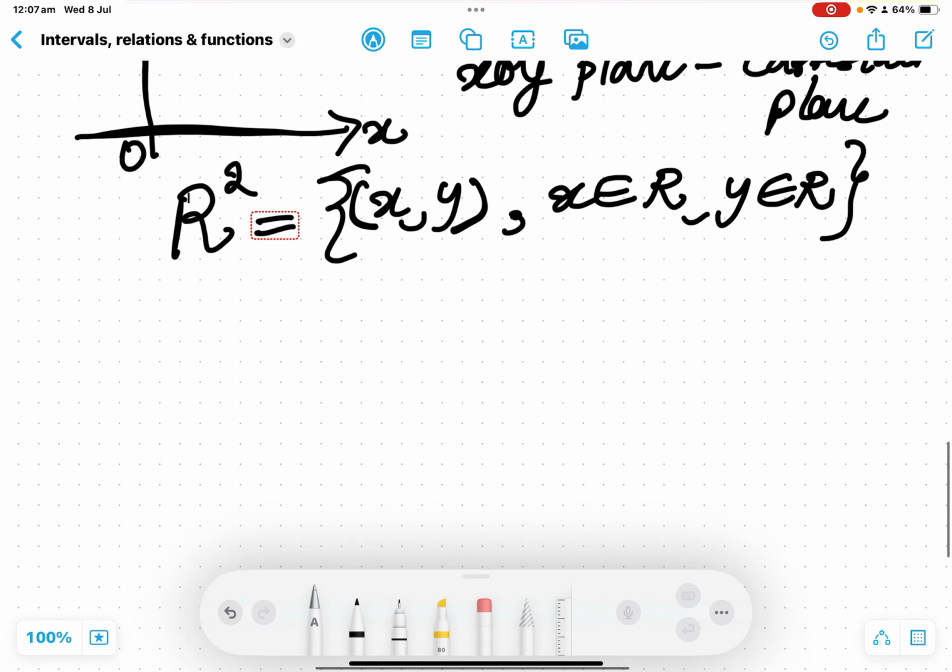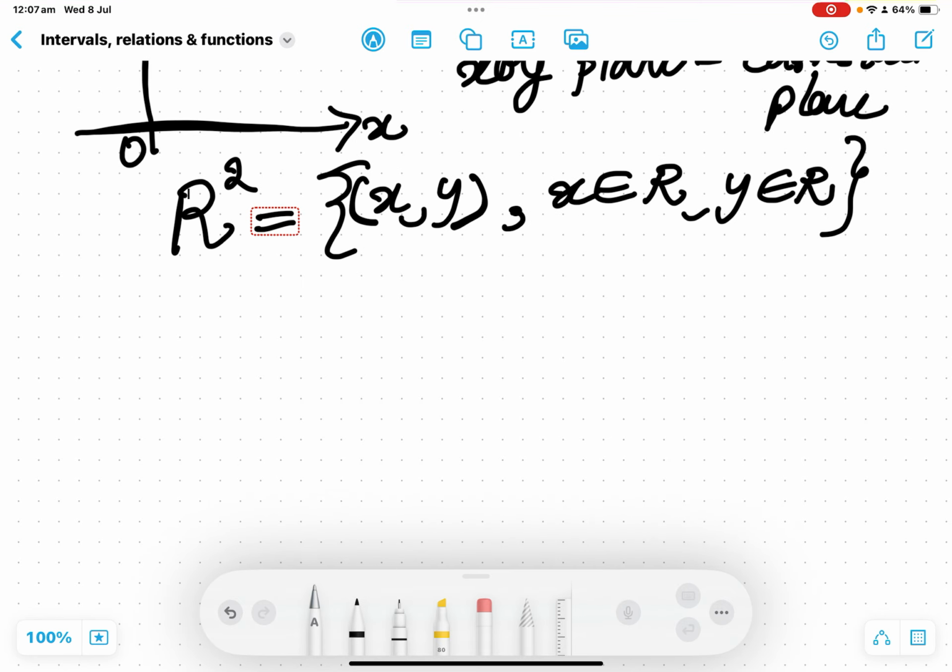Then we move on to the topic of relations. Before talking about relations, we have to talk about ordered pairs.